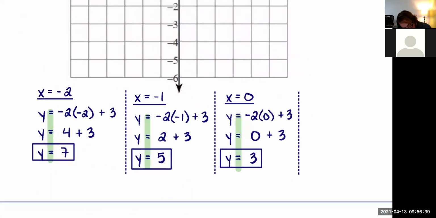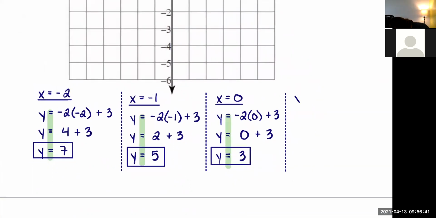Last but not least, we also chose an x value of +1. So I'll get y equals -2 times x, which is this time a +1 plus 3.